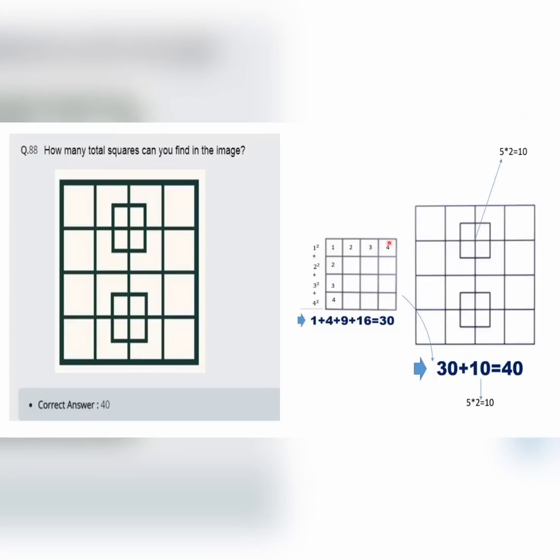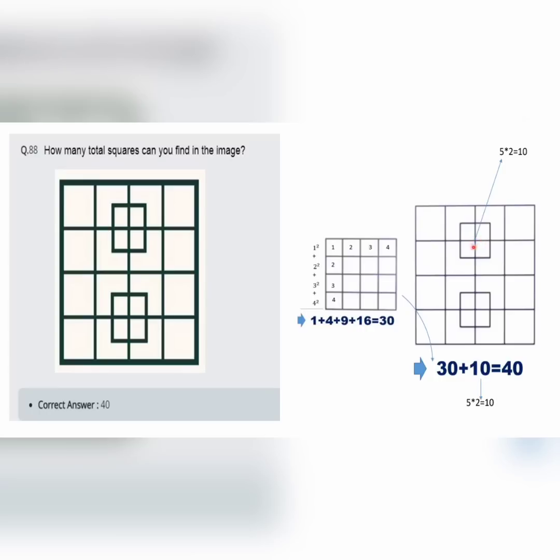And we can just number it. Then we can add 1 square plus 2 square plus 3 square plus 4 square. That is 1 plus 4 plus 9 plus 16, which is equal to 30. And along with this 30, we can add 10 also. From where do we get this 10?